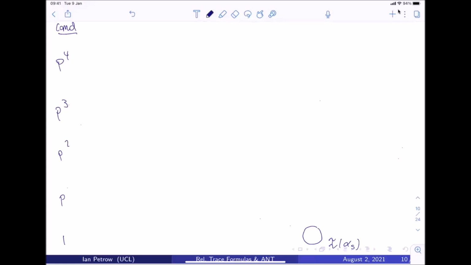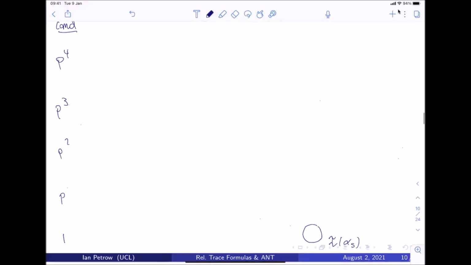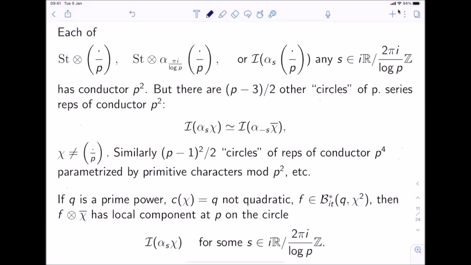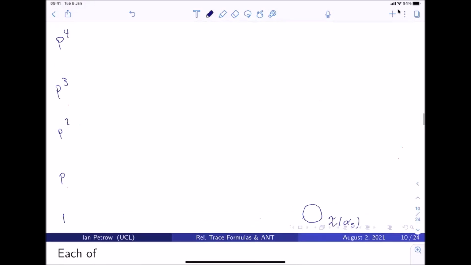Okay. Where you are in the circle corresponds exactly to your Satake parameter at p if I'm in this unramified situation of conductor 1.